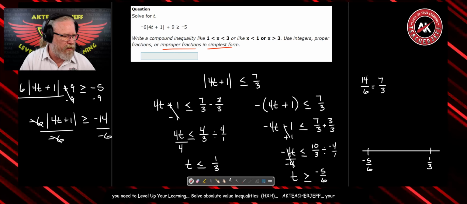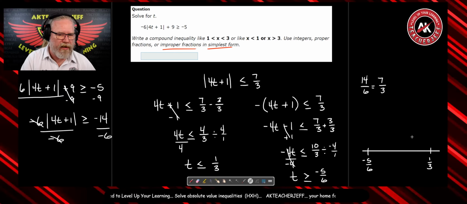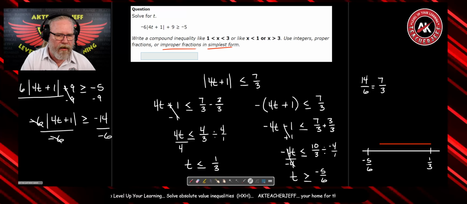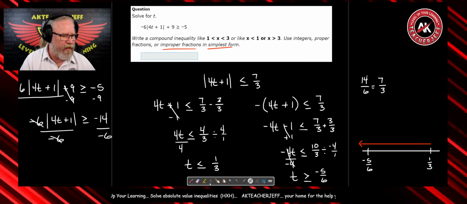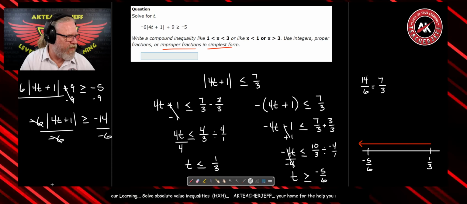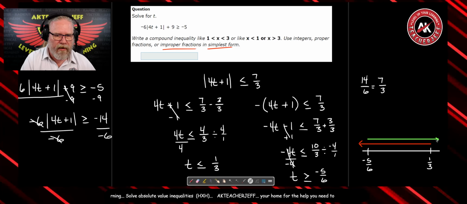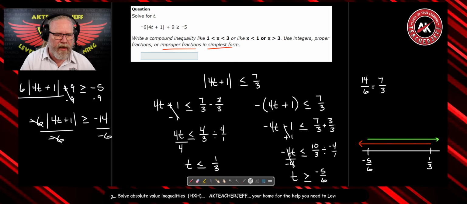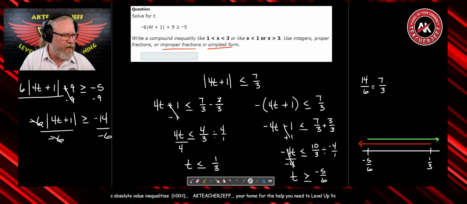And so this one here, do we have an or or an and situation? It looks like it's going to be an and. Less than 1/3 and greater than negative 5/6. We'll graph that in a different color. Greater than negative 5/6. So we do have an overlap here between the negative 5/6 and the positive 1/3.